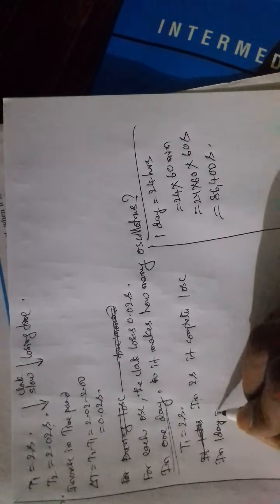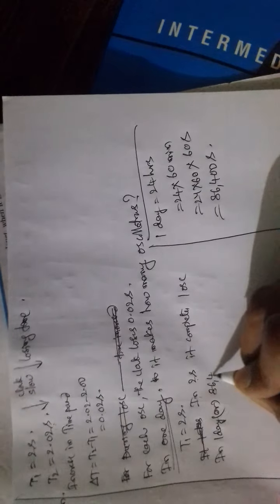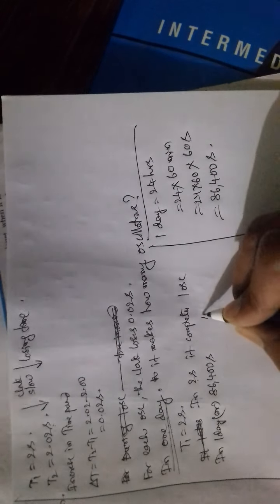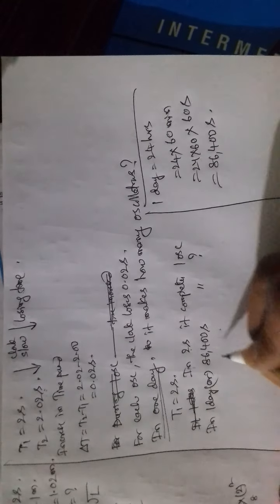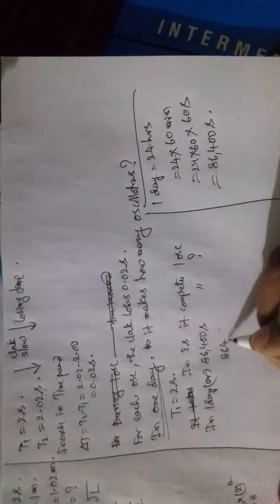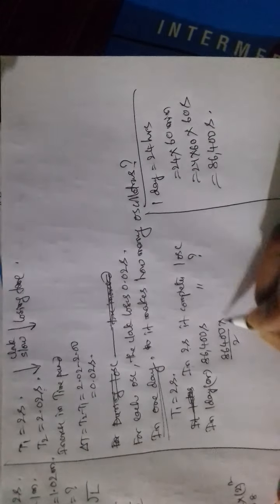So in 1 day, or 86,400 seconds, it completes how many oscillations? 86,400 by 2 into 1.